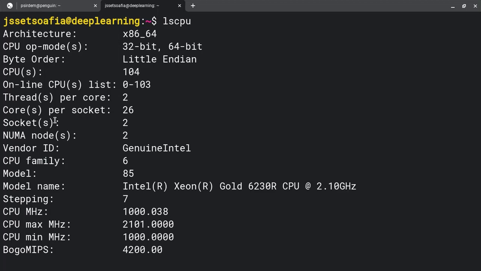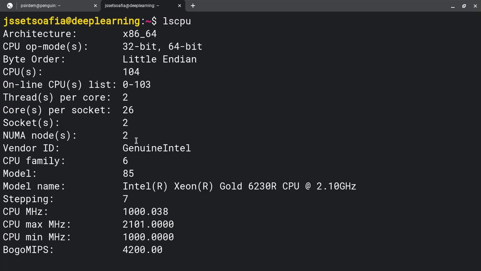And then the cores per socket, there are 26, which means that for each CPU hardware, there are 26 cores on it. So if there are 26 cores, then eventually there will be like 4 of the CPUs. And we are being told that there are 2 sockets.